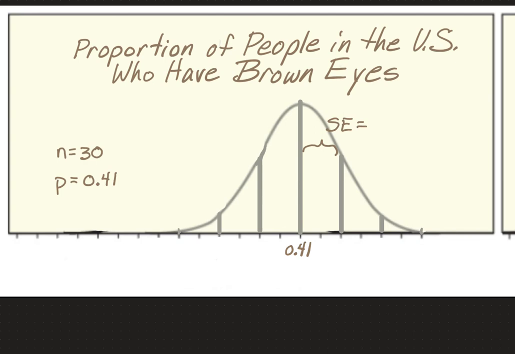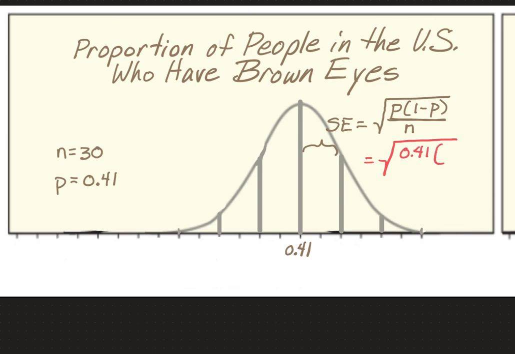Okay, nothing different than anything we've done before, except that now I'm going to tell you how to calculate that by hand and not rely on StatKey. The standard error of a sampling distribution for a population proportion will be the square root of P times 1 minus P over N. So in this case, for our samples of size N equals 30, this would be the square root of our P value is 0.41.